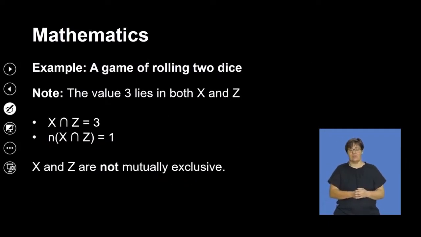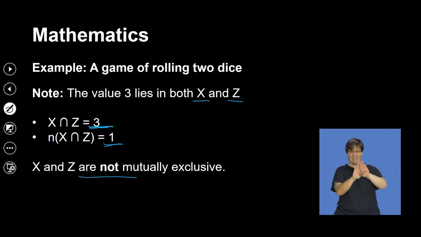We notice that there were 7 values altogether, but there's an intersection. 3 is common to both X and Z. There's only one element. So we can say immediately, we know that there's an intersection, they're not mutually exclusive.